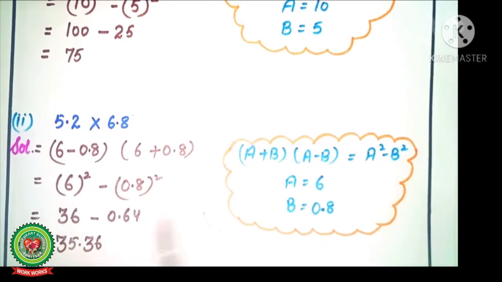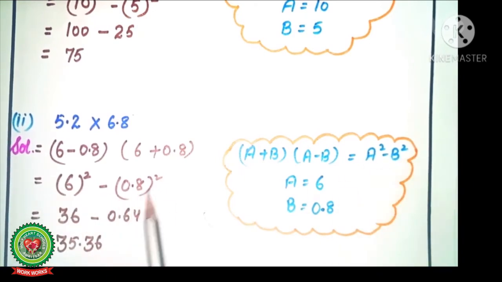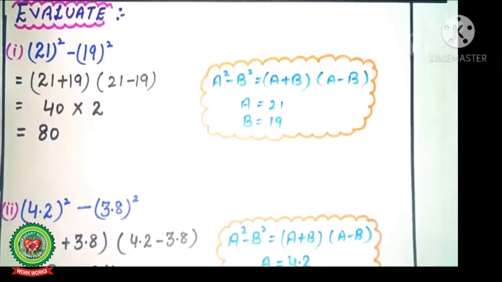Now we will apply this formula. a square means 6 square, minus will remain minus, b square means 0.8 square, right? So square of 6 will be 36, minus will remain minus, 0.8 square means 0.64. And when we subtract them, we will get the answer as 35.36, right?